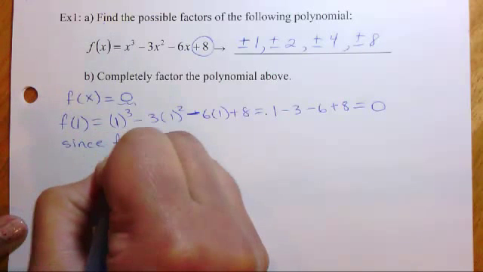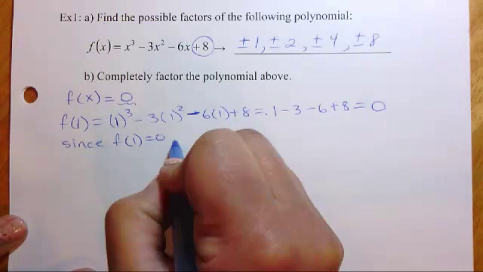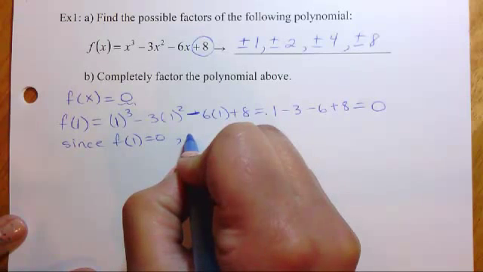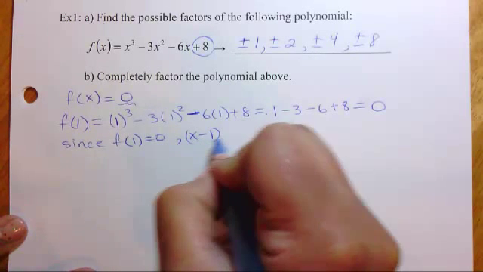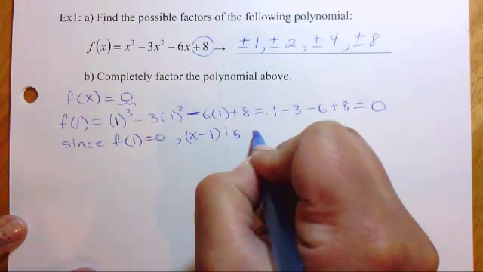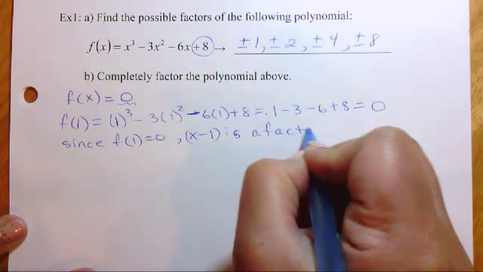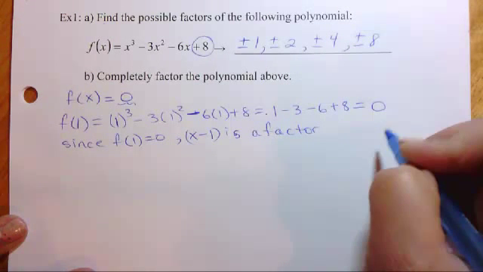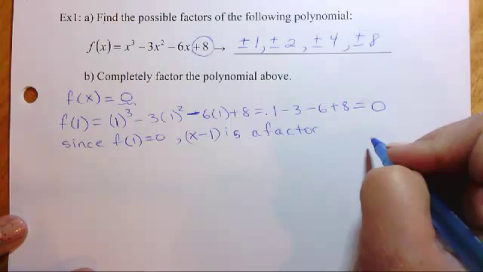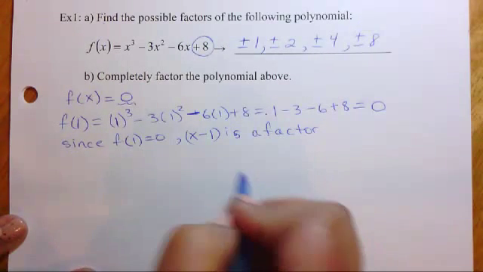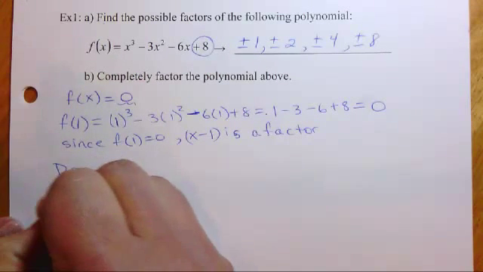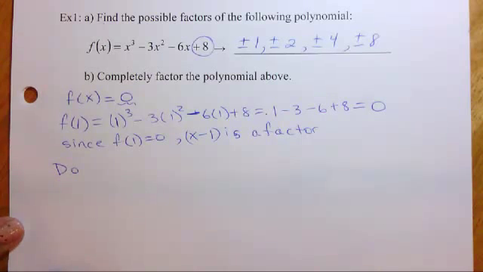Since f of 1 is equal to 0, we know that x minus 1 is a factor of my given polynomial. From here, I can do synthetic division and figure out what the rest of them are.